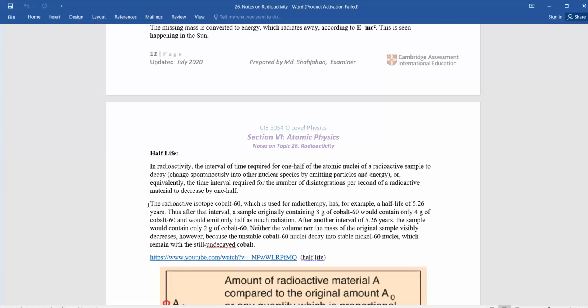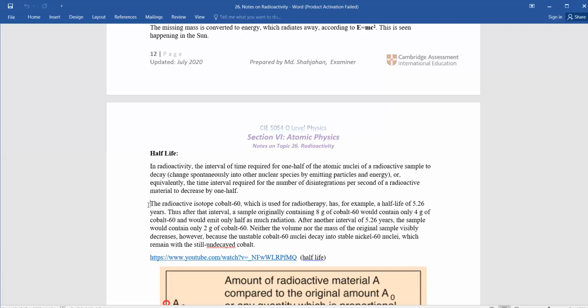So it's converted to nickel, and now this nickel is 4 gram and cobalt 60 is 4 gram. We have 8 gram total, right? The rest part is still cobalt, and the part converted to nickel is nickel, but the total amount will still be 8 gram. Is it clear?